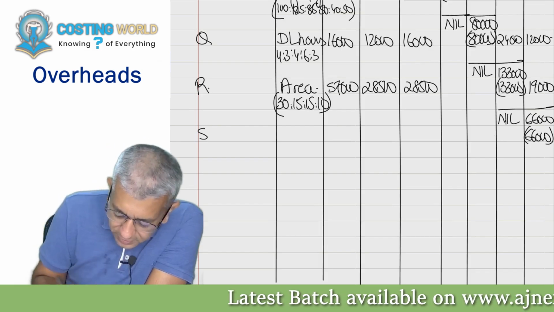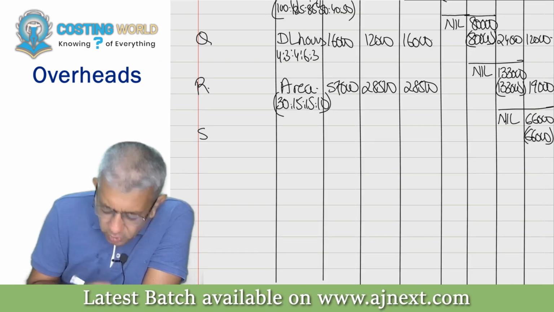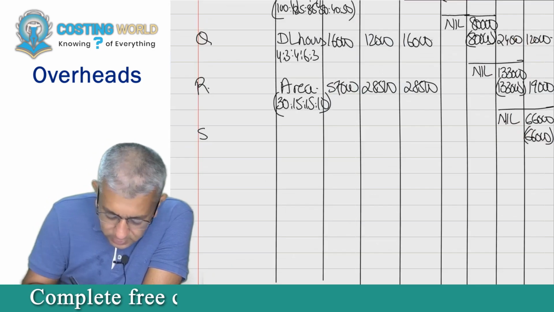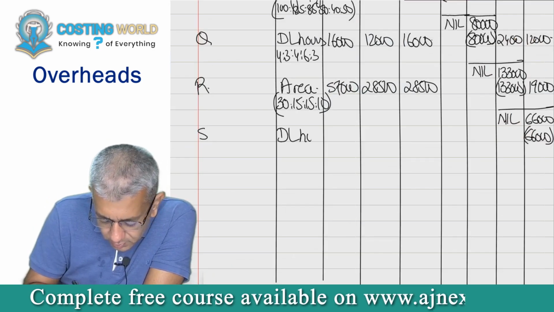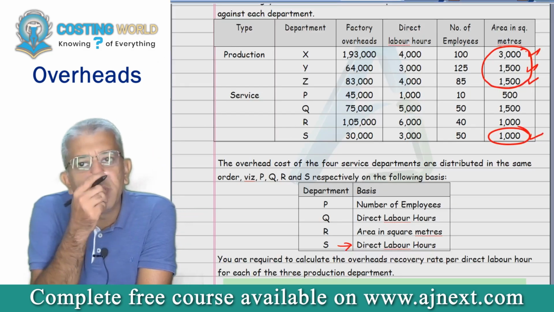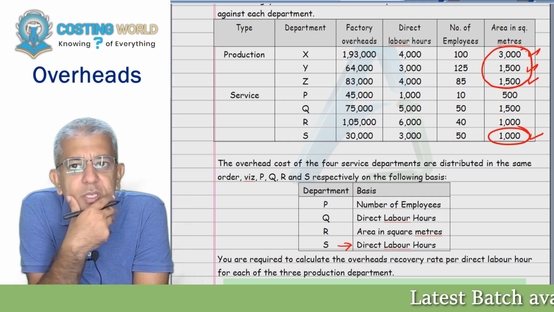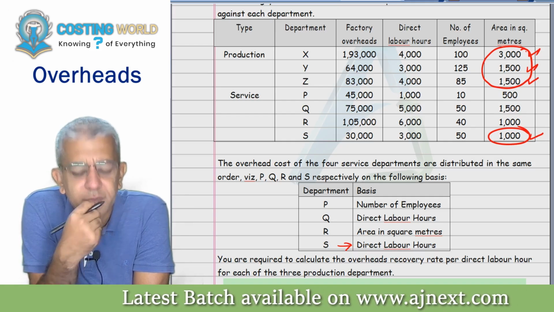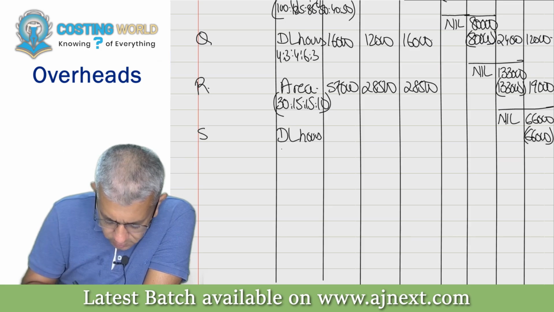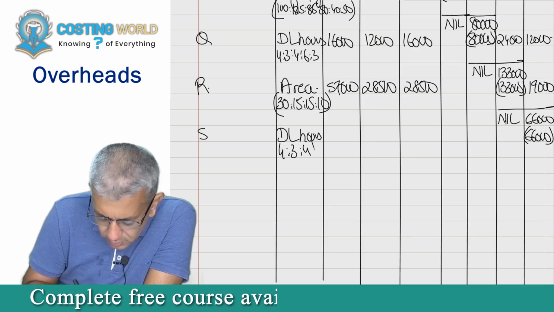Let's do this, then I'll tell you all further. Direct labor hours. You tell me how many departments' direct labor hours do we need now? X, Y, Z. So 4, 3, 4. Divide by 11.